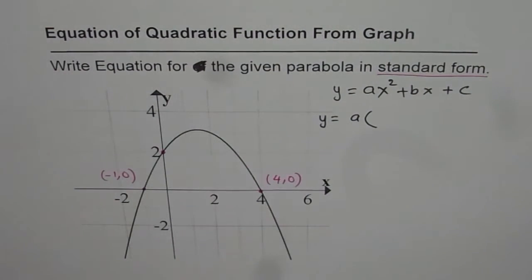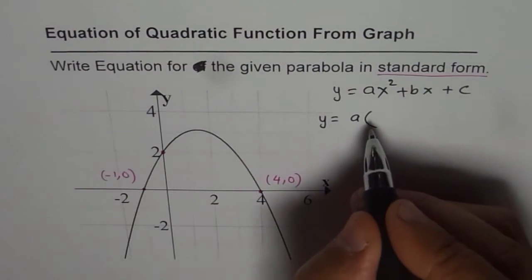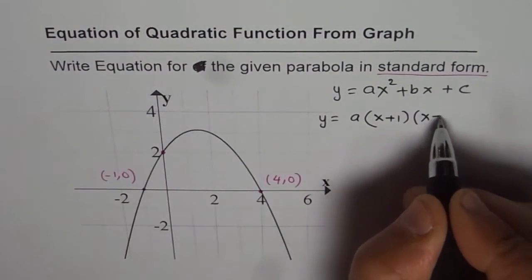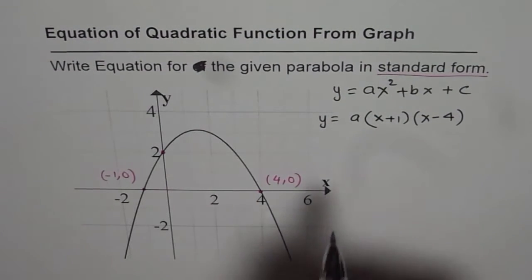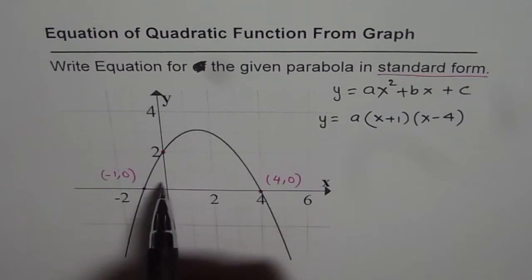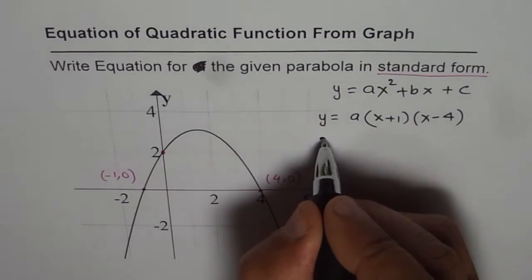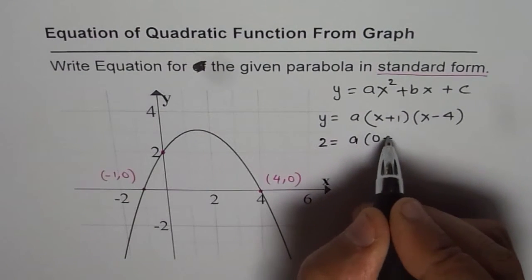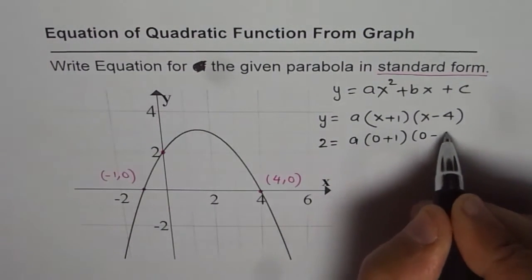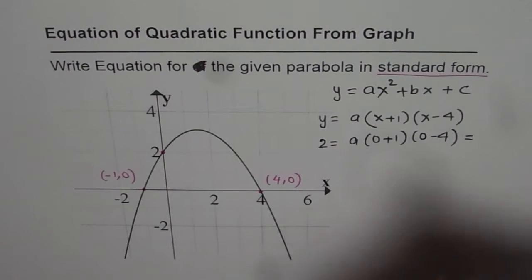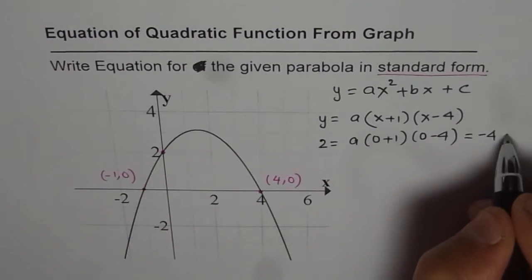So that gives us the equation as y equals a times x plus 1 times x minus 4. Now to find the value of a, we'll use the y-intercept, which is 0, 2. That means the y value is 2 for x value 0. So we write 2 equals a times 0 plus 1 times 0 minus 4, that is 1 times minus 4, which is minus 4a.